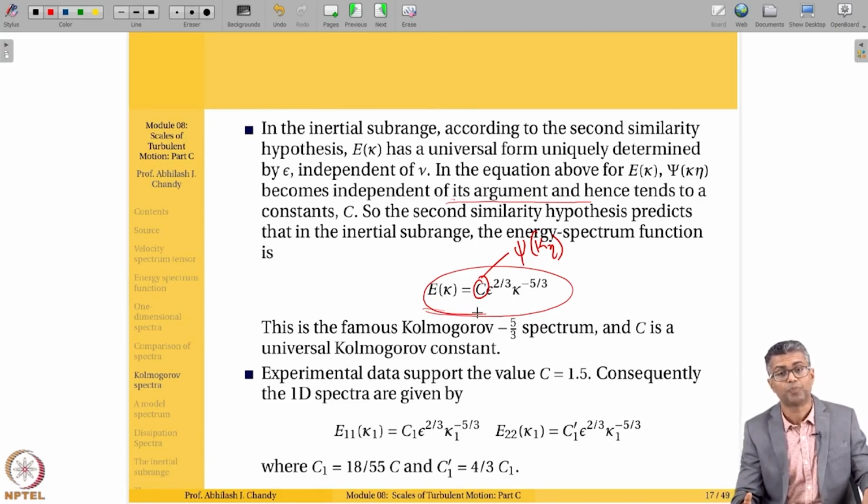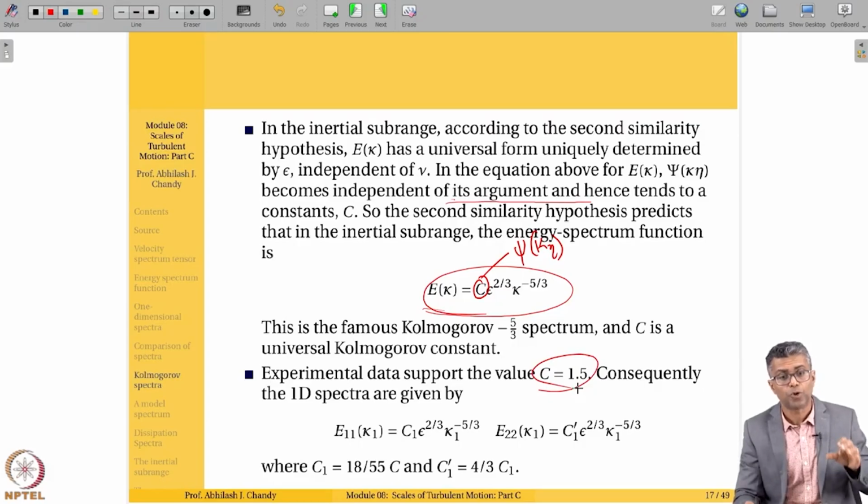It does not depend on nu, which means your universal spectrum function, the Kolmogorov function psi, becomes a constant. Now, experimental data supports the fact that this C is 1.5. It actually comes out to be 1.5.